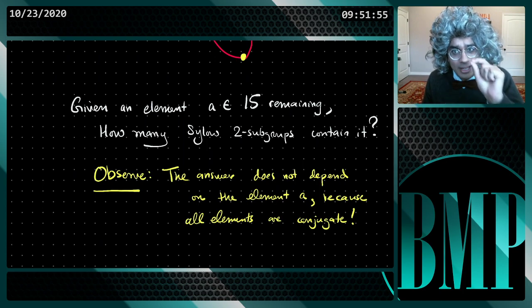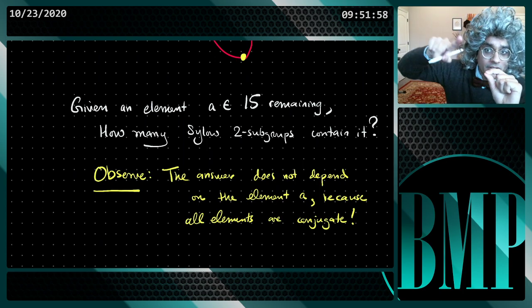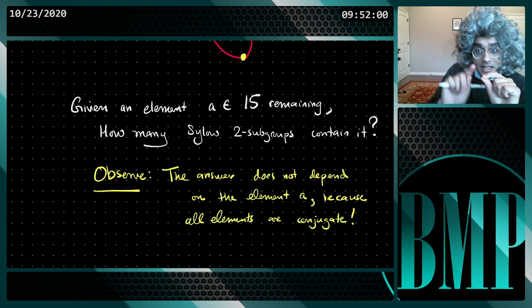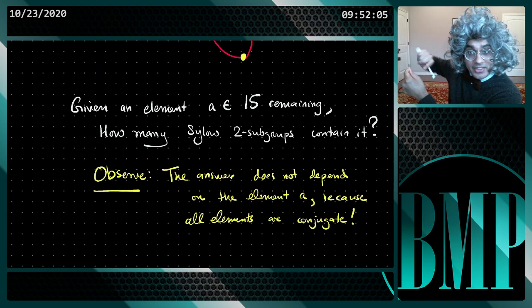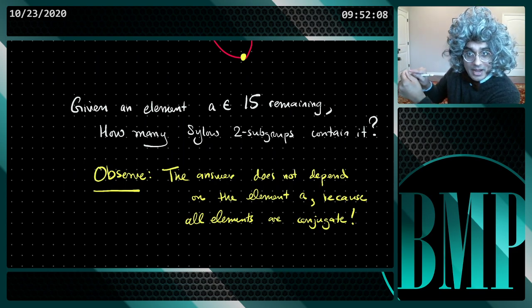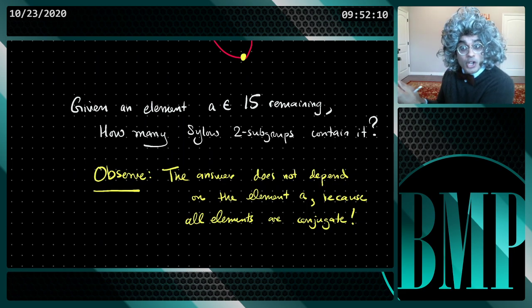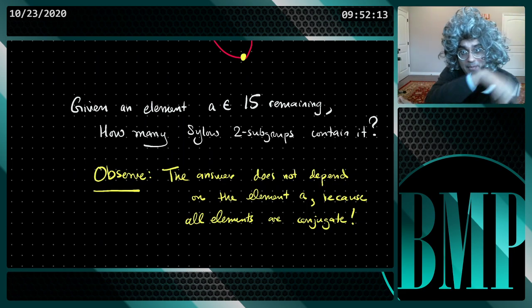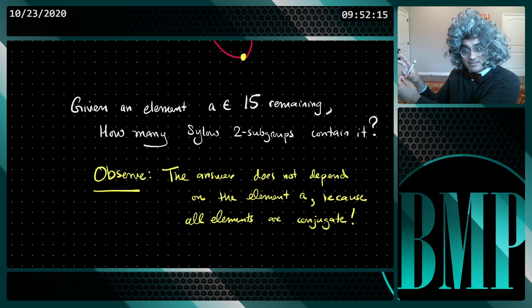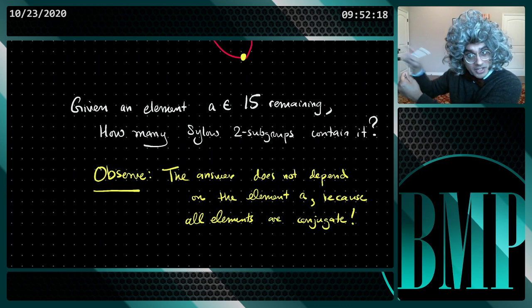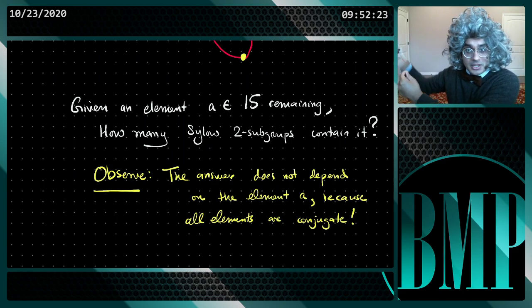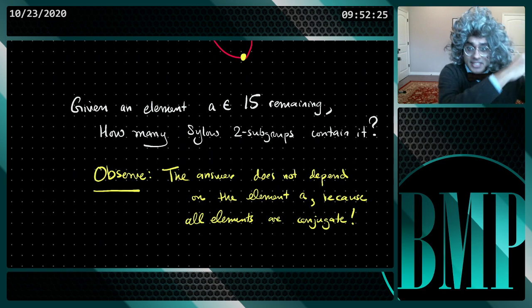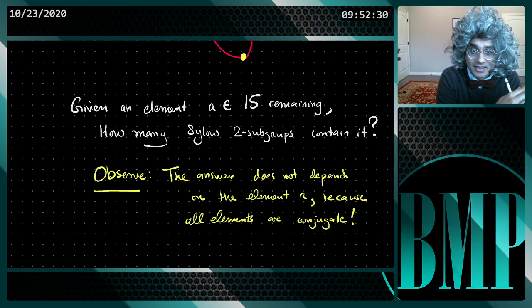If you have an element A and a Sylow 2-subgroup containing it, and you take another element A prime, then A is related to A prime by conjugation by some element. But then just conjugate that subgroup to get a Sylow 2-subgroup containing the other element. This sets up a bijection between the Sylow 2-subgroups containing this element and the Sylow 2-subgroups containing that one. Just conjugate to go back and forth.